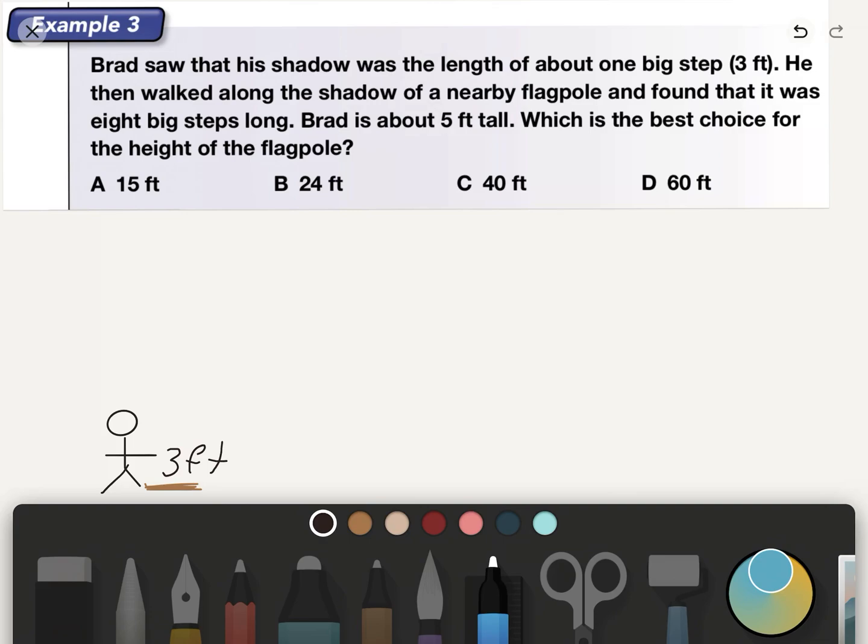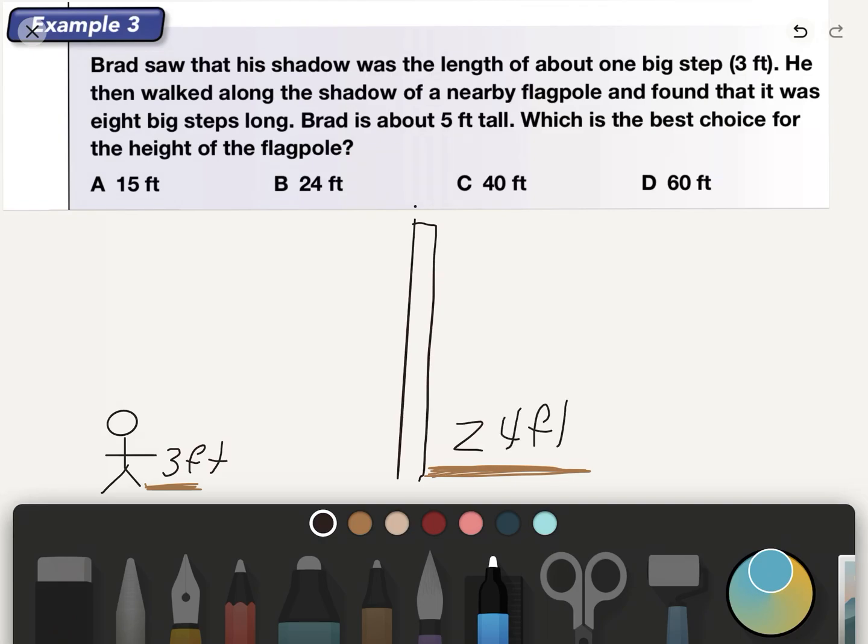He then walked along the shadow of the nearby flagpole. And that for him was 8 big steps, which 3 times 8, so he estimated that as 24 feet.